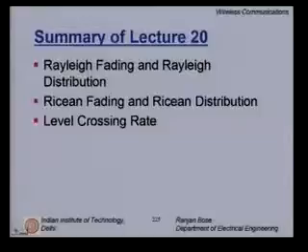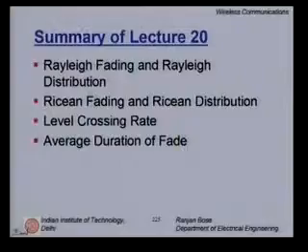How many times per second do you cross a certain threshold in the positive direction? Finally, we looked at another important parameter, which is the average duration of fade. We also looked at some examples to see how the threshold value, which is a function of rho, makes a difference in terms of the average duration of fade, and even how the wavelength or frequency of operation changes the average duration of fade.